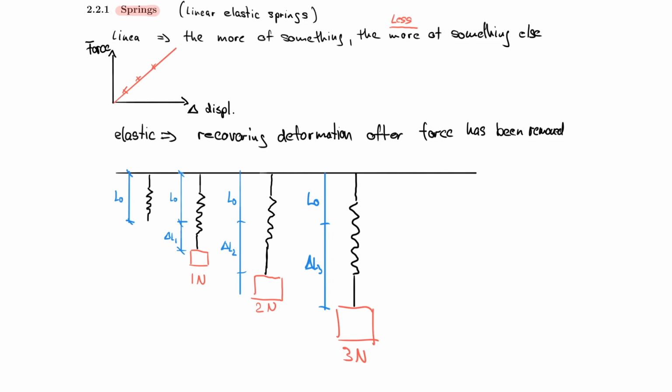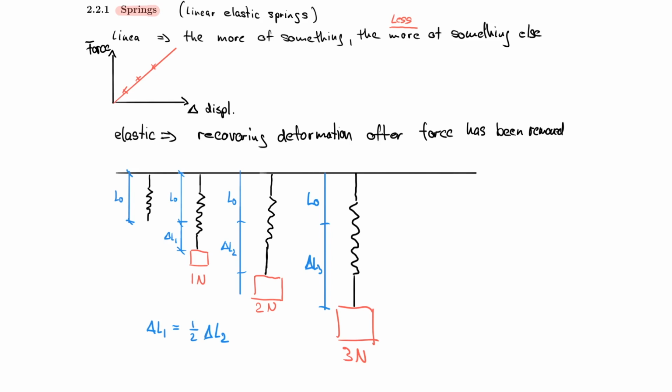And in this case, delta L1 is equal to 1/2 delta L2, for example, right? So this here is twice as much as this one because I have twice as much force hanging on it. And that's really what the linearity stands for.